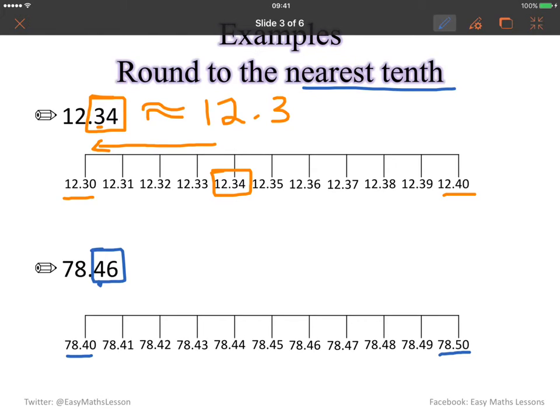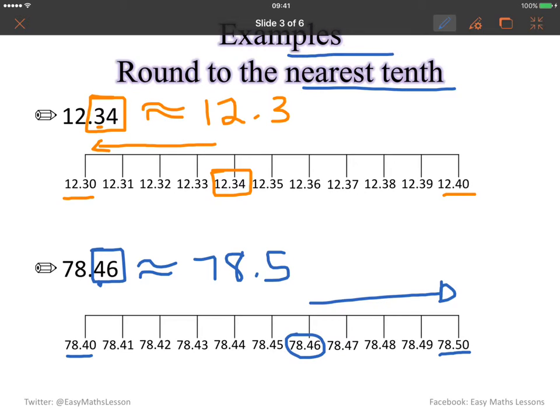Now 78.46 is about here, and it's closer to 78.5 than it is to 78.4, and therefore approximately equal to 78.5. I don't put the zero because I only want the nearest tenth, which means I want just one decimal place.